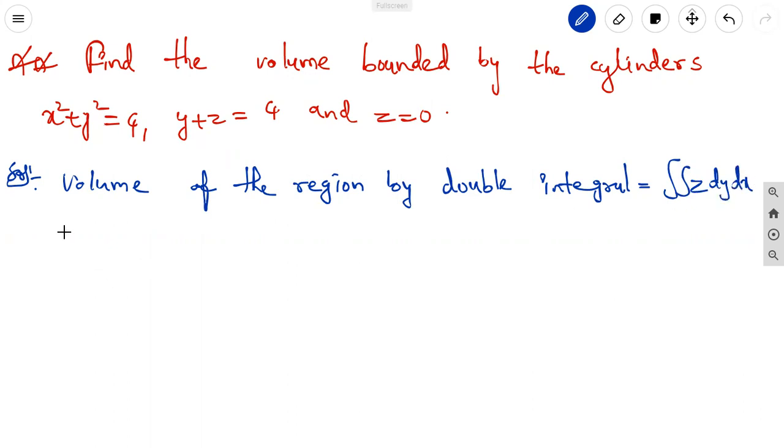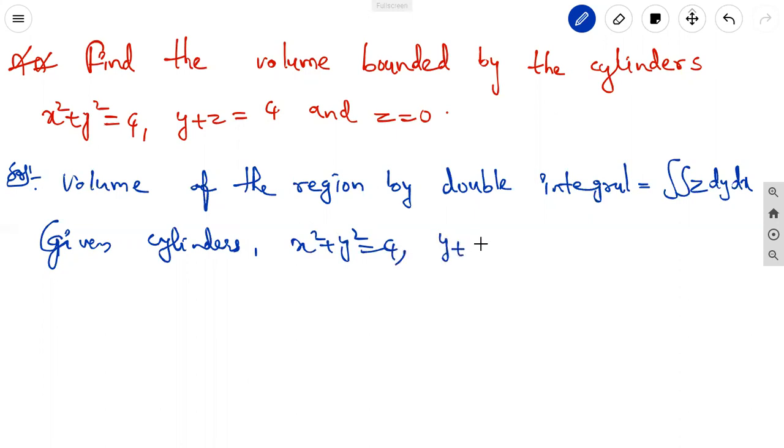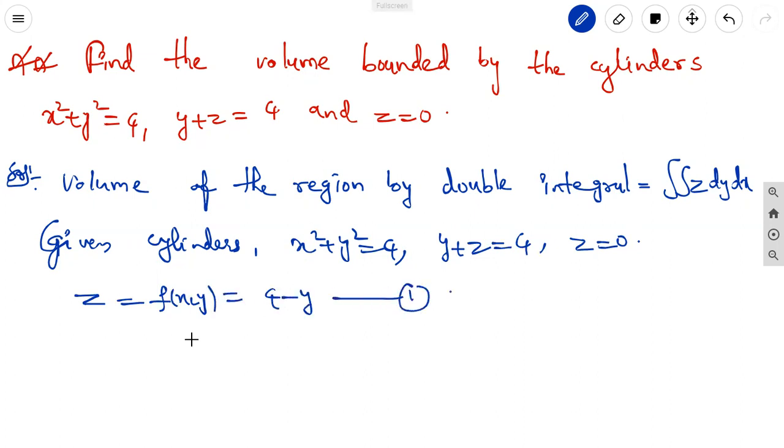The given curves, or given cylinders, are x squared plus y squared equals 4, y plus z equals 4, and z equals 0. First, we take z as a function of x comma y, that is equal to 4 minus y. Let it be equation 1.